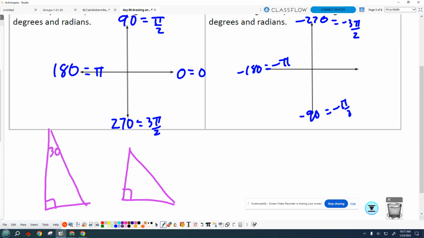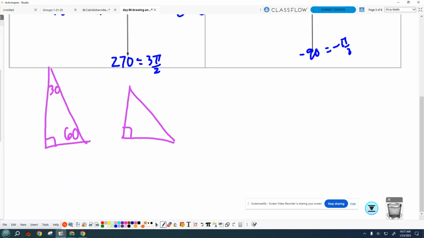So what's this one? 60. Okay, who remembers, Valentina, do you remember how to label the triangle? It's the hypotenuse 2. It is. And the short one, 1, and square root 3. Maud, do you remember this one? What is it?